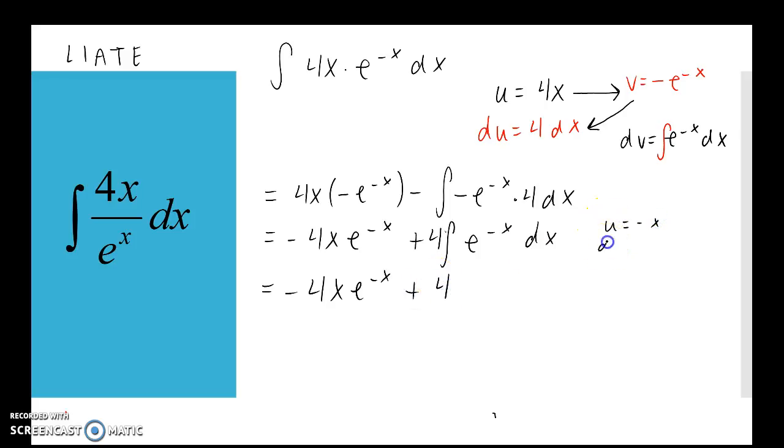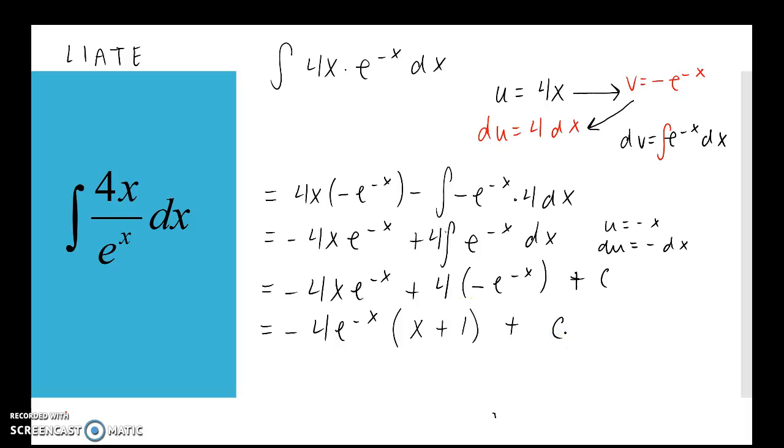Again, your u substitution would be the exponent, negative x. That derivative is negative dx, so this would be negative e to the negative x plus c. If we want to fix that up a little, we could take out a negative 4 e to the negative x. That would leave me with x plus 1 plus c. And there's your answer.